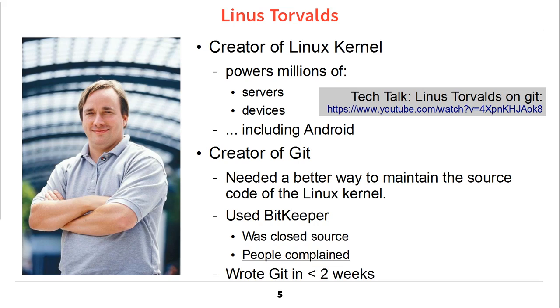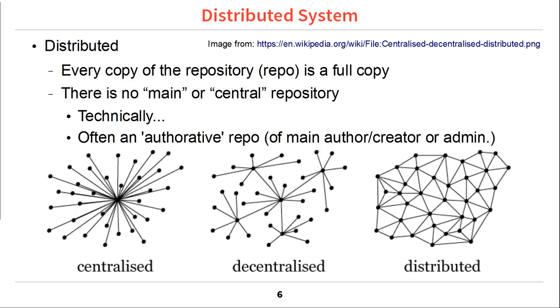Previously, he used a system called BitKeeper, which was free for open source projects to use, but itself wasn't open source. And then people complained about that. So, Linus wrote Git in 2 weeks as a command line tool for Linux, which has since been ported to other operating systems, and has become, because of its speed and functionality, one of, if not the, major version control system used for tracking source code.